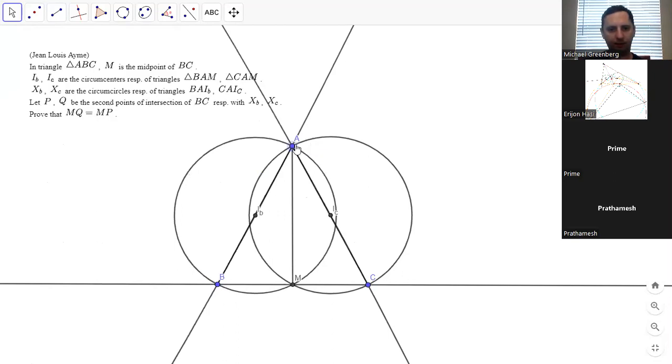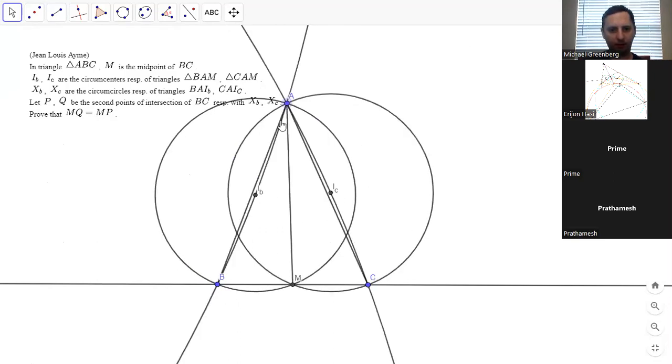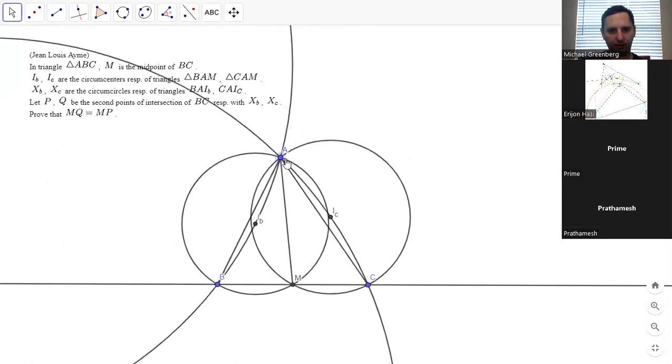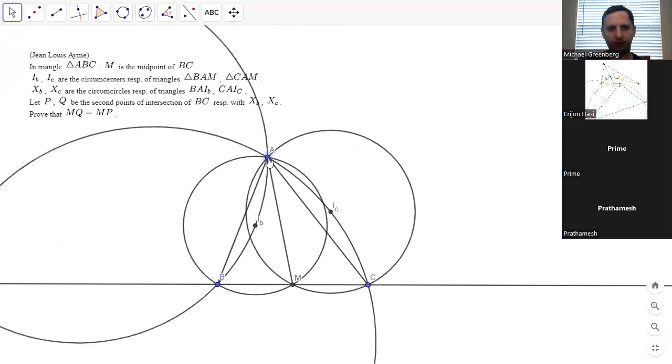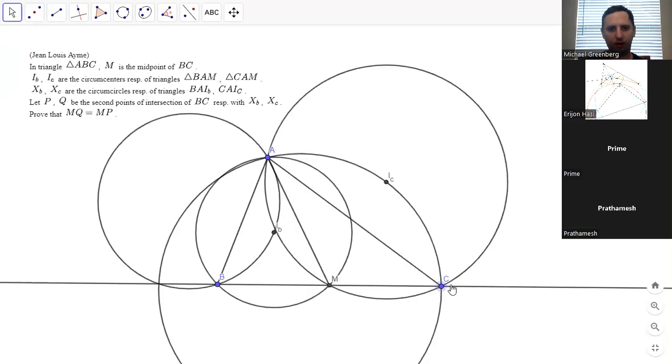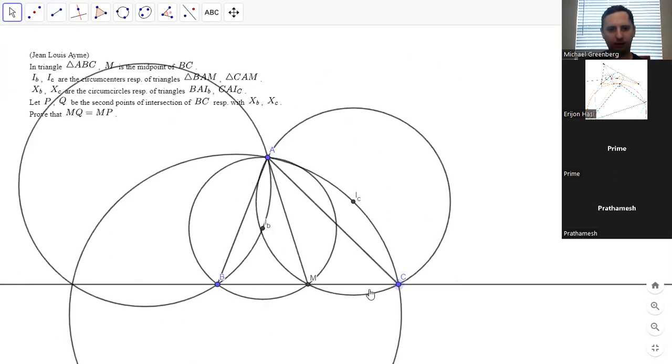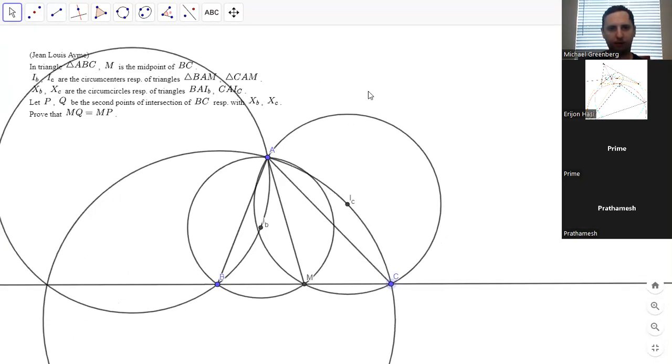Let me see, is it possible that P and Q are on different sides of the triangle? What if I make this really obtuse? No, I think P and Q have to be on the same side. I think P and Q are the same point, right?